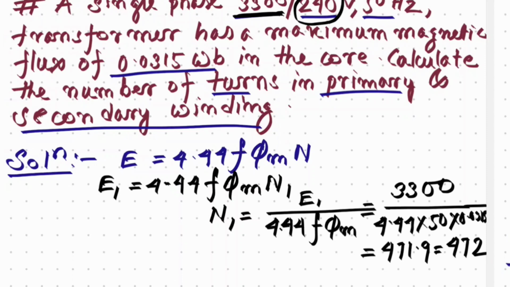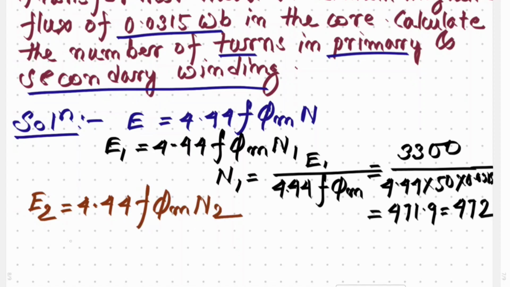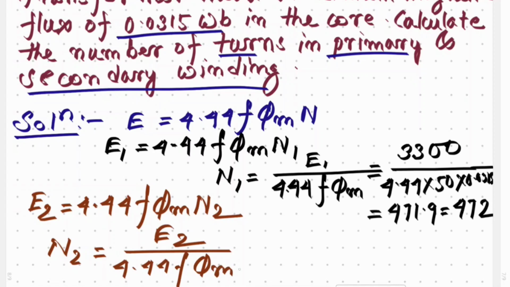Now similarly we can find out the secondary turns. For the EMF equation we can write E2 is equal to 4.44 F phi m N2. So for N2 we can write E2 by 4.44 F phi m.